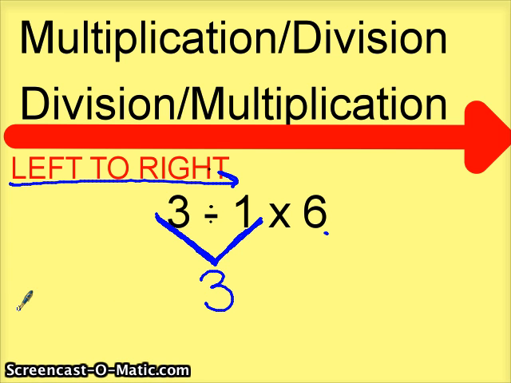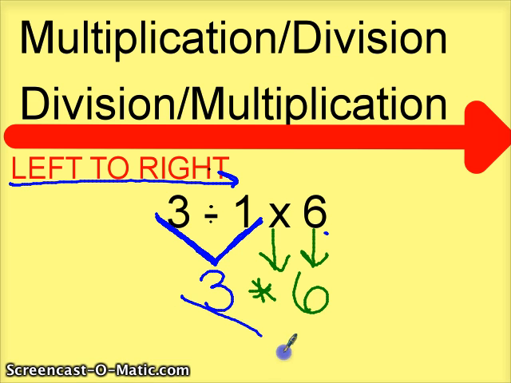Now, if you are paying attention, you know that our second step is to rewrite everything from this first step, okay? So we've rewritten the multiplication sign, we've rewritten the 6. Now, all we're left with is 3 times 6. It's just one operation, so there's not much to decide at this point, okay? So we're going to do 3 times 6.